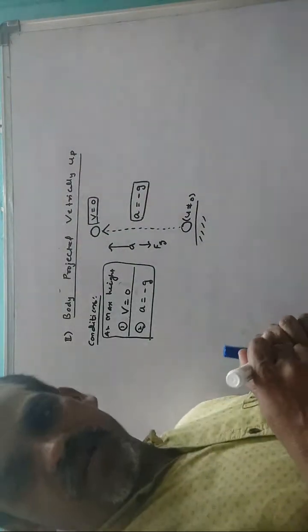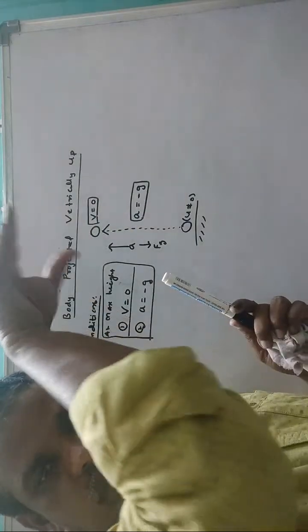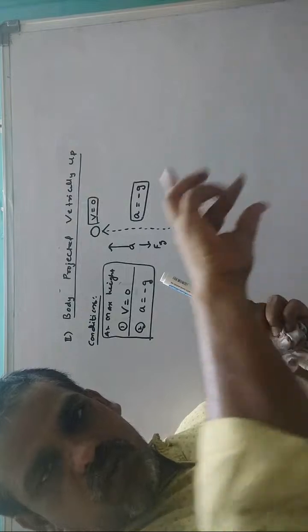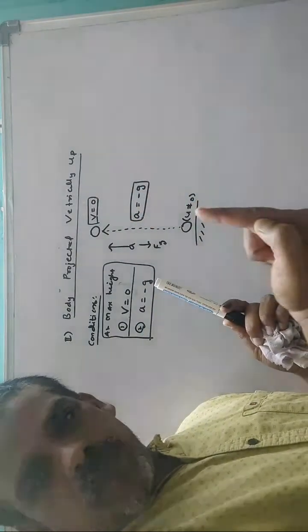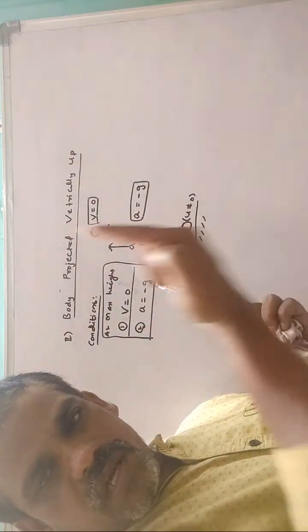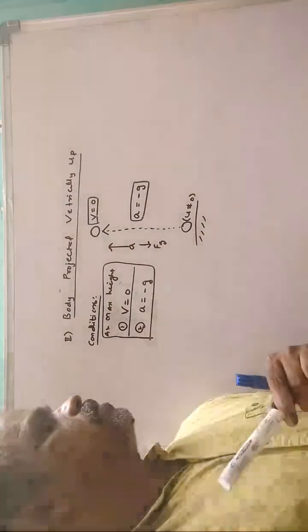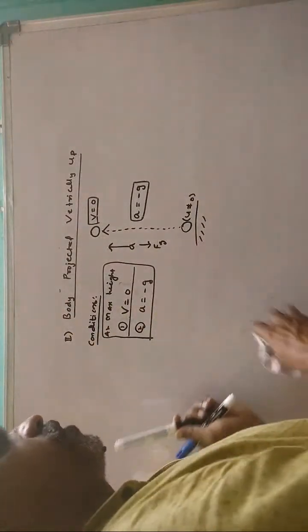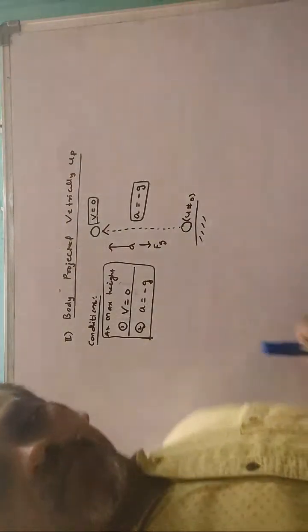Why is it minus? The body is moving upward, the force acts downward, so the gravitational acceleration is in the opposite direction, a equal to minus g. If you copy it, just copy the figure. I will give some discussion here.